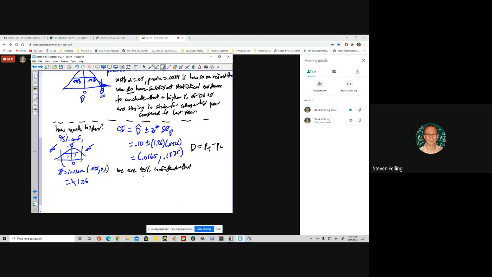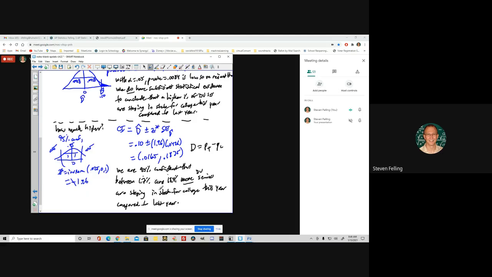That between 1.7% and 18.4% more DV seniors are staying in state for college this year compared to last year.